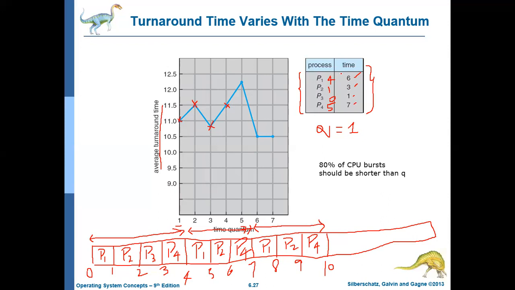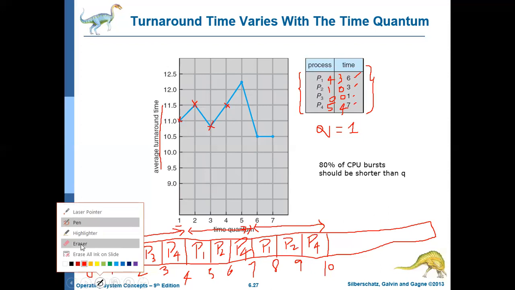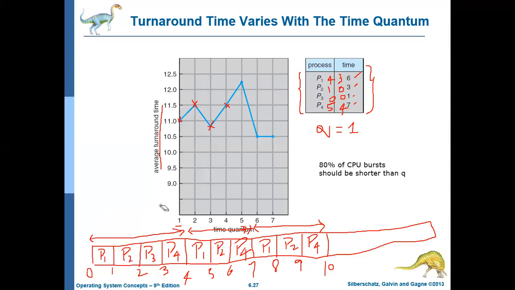After round 3, what happens? The remaining time will be 3 milliseconds for process 1. Process 2 has already finished. Process 3 has already finished. And for process 4, the remaining time will be 4 milliseconds. Now in the fourth round, there will be only two processes, P1 and P4.